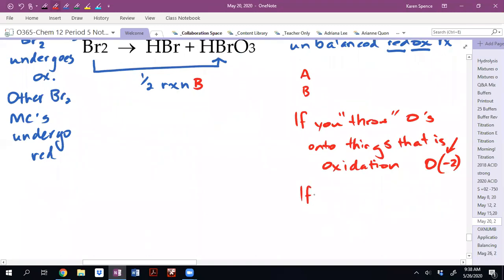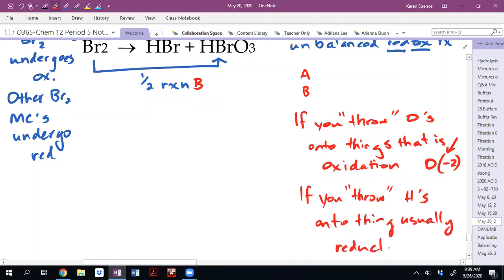But if you throw hydrogens onto things, that is usually reduction. Why is that? That's because hydrogen, remember, it has an oxidation number of +1.